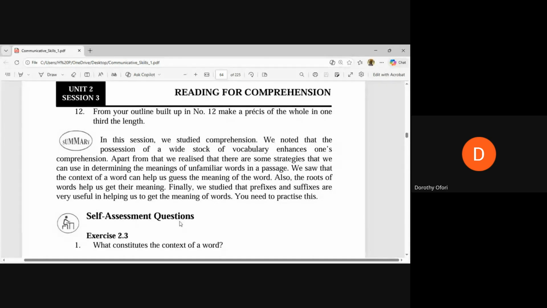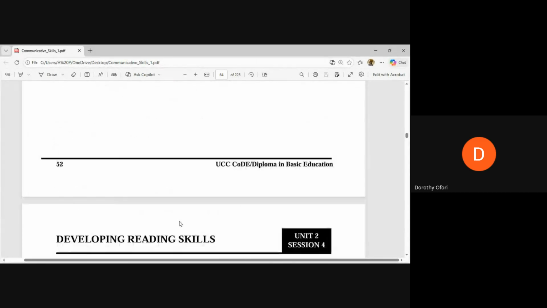I told you this is effective when you are reading alone, but for exam's sake, prefixes and suffixes are important because if you know the meaning of a part, you can infer and get the entire meaning of the whole word. So this is what we've done in section 3.